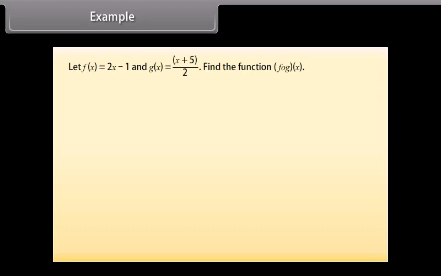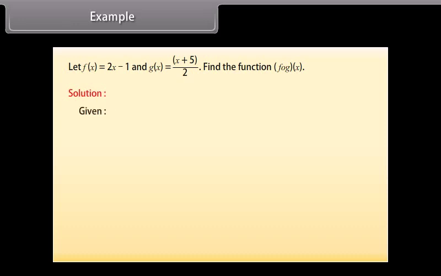Example. Let f(x) = 2x − 1 and g(x) = (x + 5)/2. Find the function f of g(x). Solution.